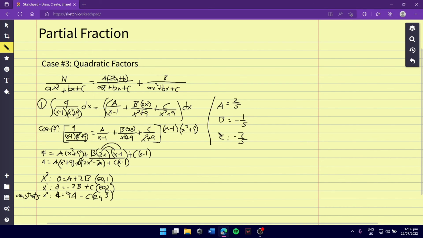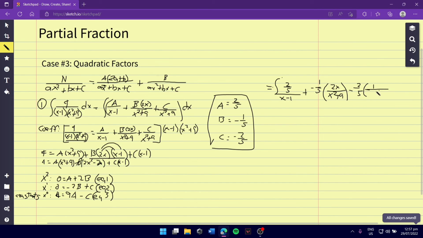So substituting our A, B, and C into our equation, we have the integral of 2/5, which is our A, over x minus 1, plus your B, which is negative 1/5, times your 2x over x squared plus 9, minus 2/5 times 1 over x squared plus 9.